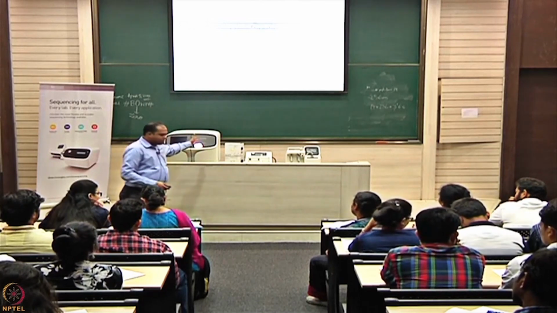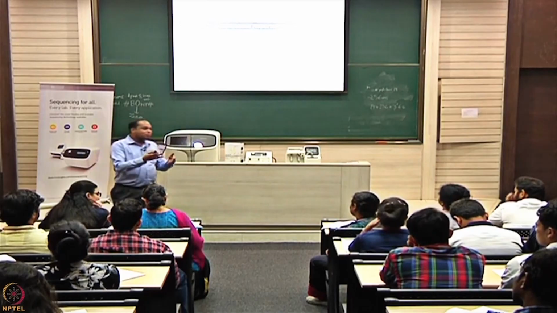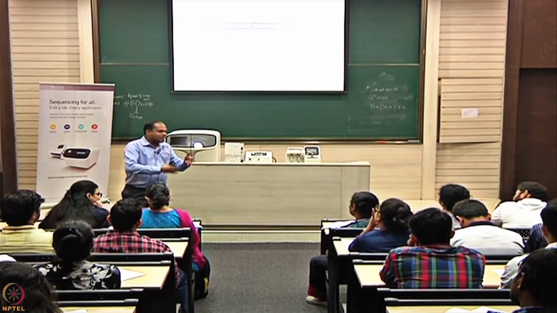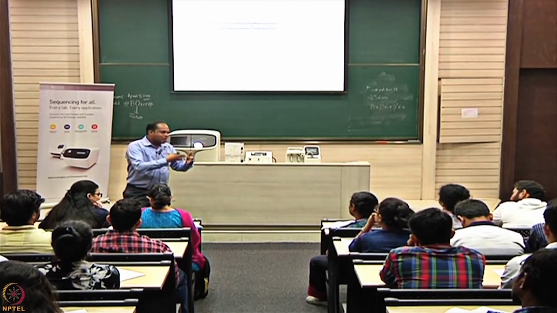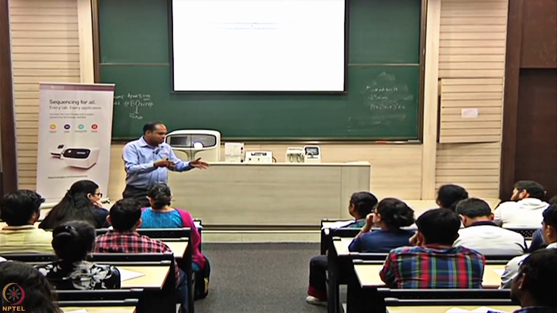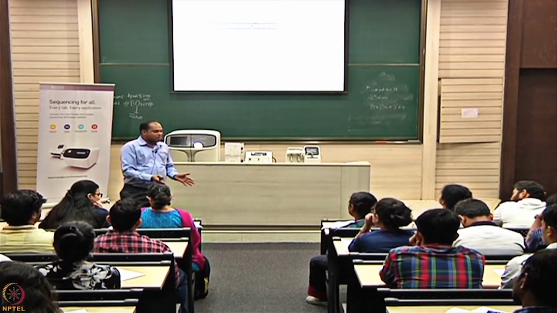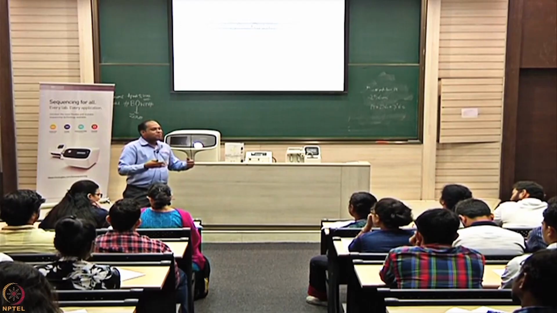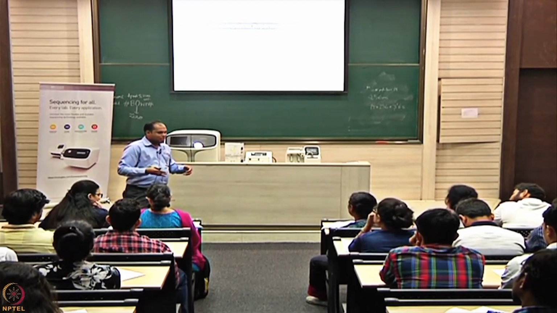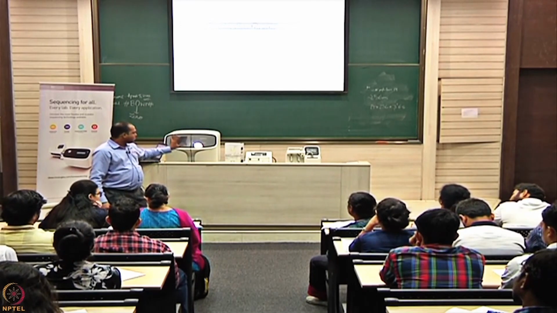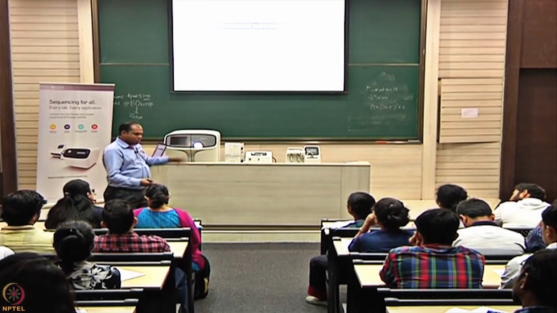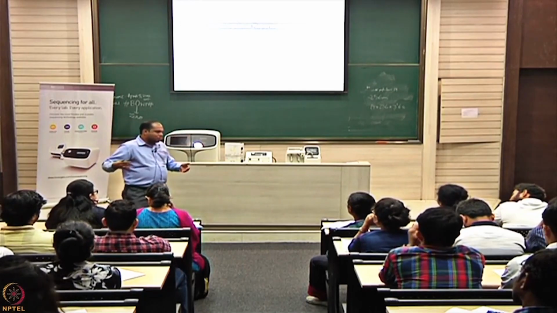We have a server with this, which helps you align the data to the reference genome, then do coverage analysis, and then come to a variant level where you get all the variants. Variants would be all the mutations that you are looking for.